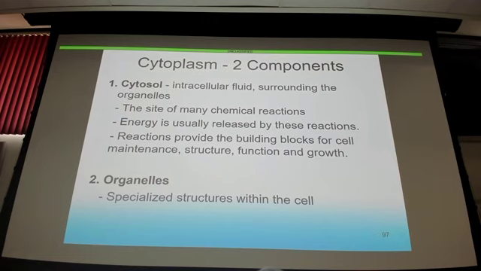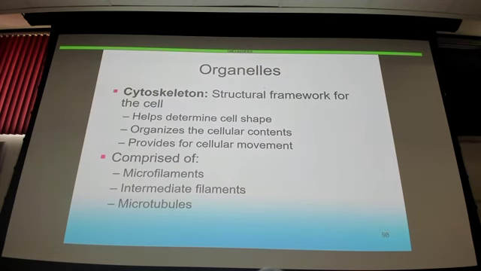This is where we're going to see the building blocks for cell maintenance, structure, growth, which is another way of saying protein synthesis occurs inside the cells. Right? And then organelles are where we're going to spend a lot of time looking at the specific structures inside that cell. For the rest of the day and part of tomorrow, we'll still be on organelles.